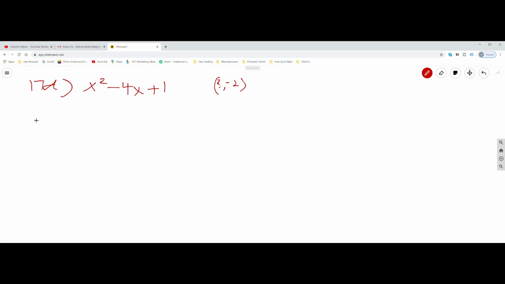So what we need to do is everywhere there's x, we're going to change that to 3 plus h. So 3 plus h squared minus 4 times 3 plus h plus 1 minus, since it's minus and minus, it becomes plus 2. You have to put the value that you get as y when you input 3 into this equation.